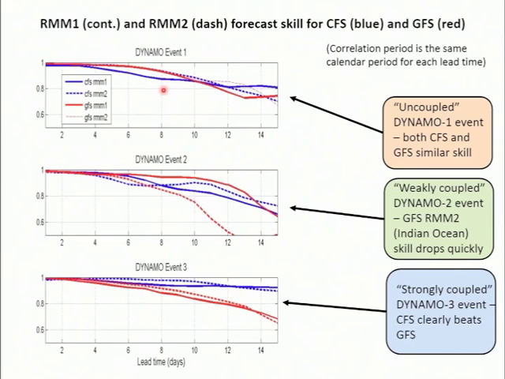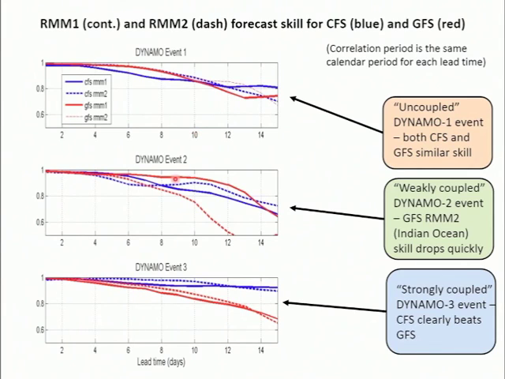The dashed lines are the RMM2, the minus RMM2 describing the MJO entering the Indian Ocean. The red lines show the uncoupled NCEP model, and the blue lines show the coupled NCEP model. You can see that for the first Dynamo event, both coupled and uncoupled models presented basically the same kind of skill.